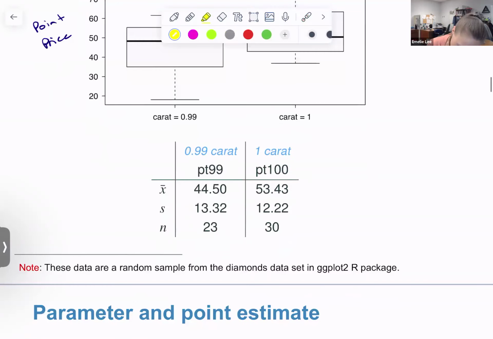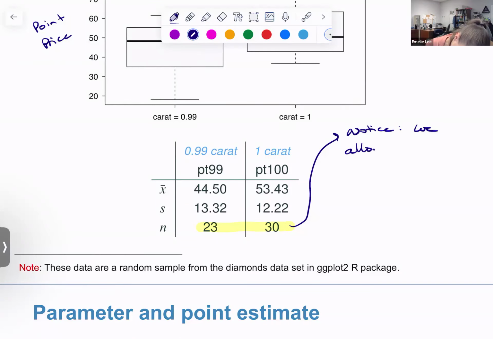And so here, notice we allow different sample sizes. That's kind of cool, I think. We can have different sample sizes and we can still compare the means of each group.